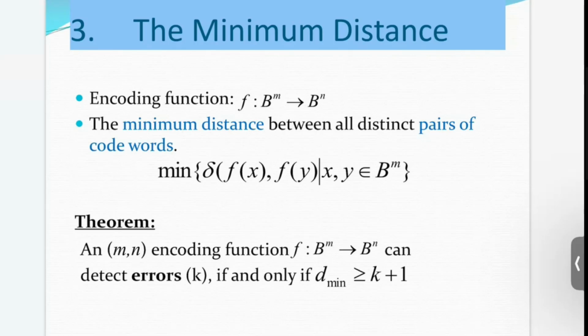In other words, the minimum distance is the smallest distance between any pair of code words in a code.